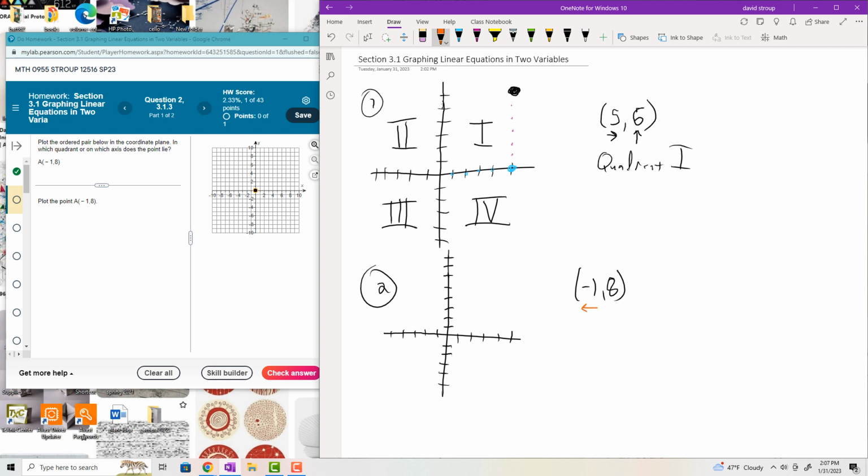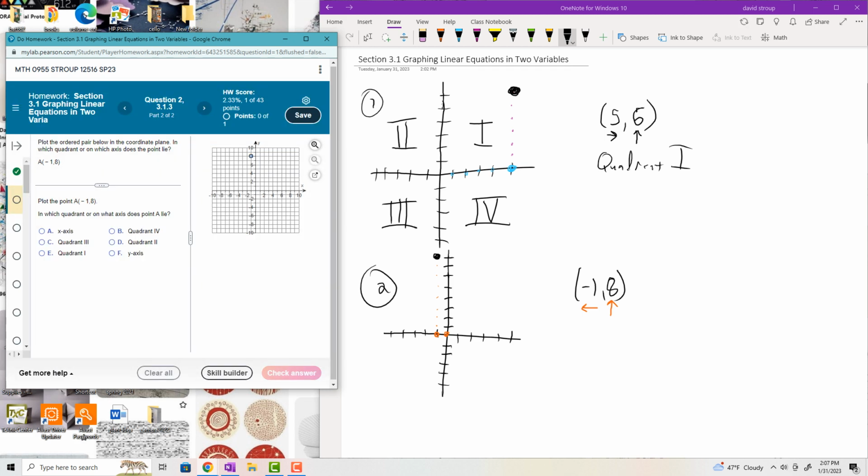I start at the origin, the middle, (0, 0), and then I go to the left, -1. And then I'm going to go up 8. So +8 means go up 1, 2, 3, 4, 5, 6, 7, 8. Okay, and I'm going to mark that with a black dot. And of course, in the software, you just move over 1 and then go up 8.